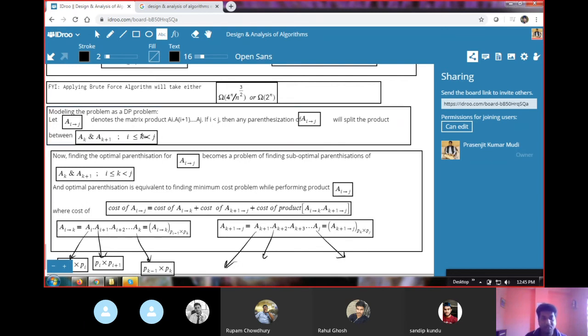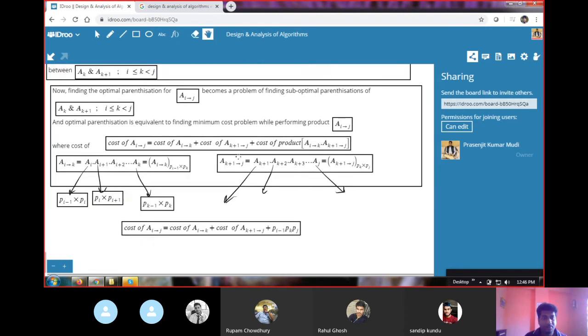For all these possible values of k we may have a possible parenthesization, and out of those parenthesizations we have to select the one which involves the minimum number of scalar multiplications.